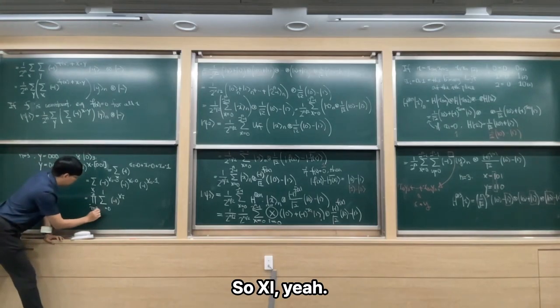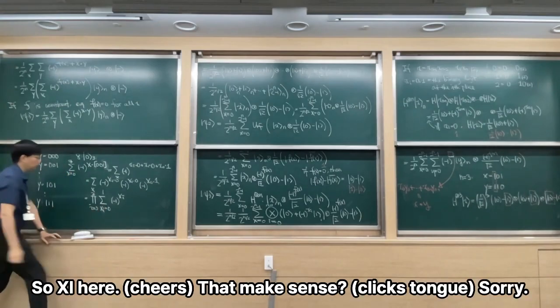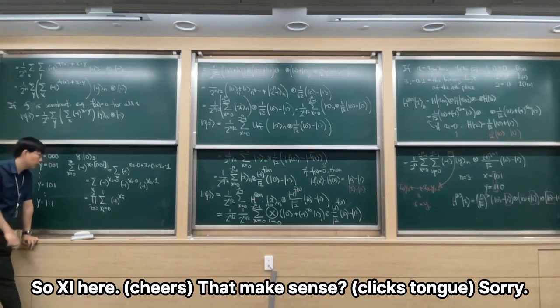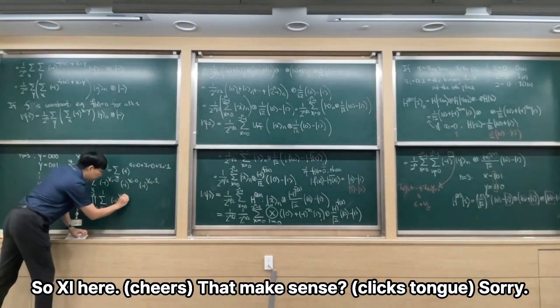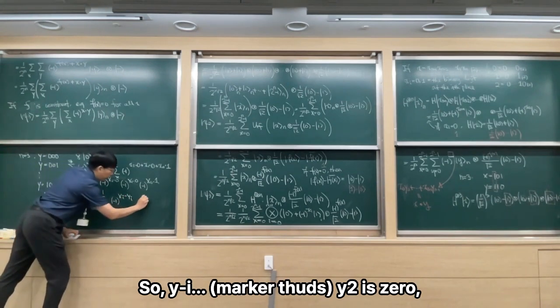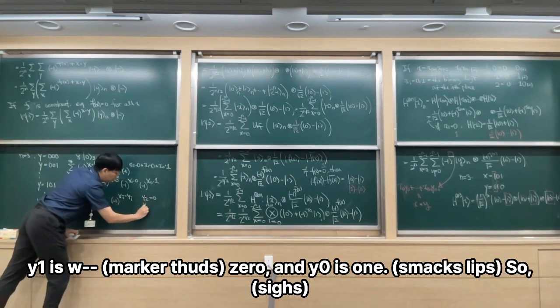Yes, sorry. So xi. Yeah, so xi here. Does that make sense? Sorry, so just put yi here. So y2 is 0, y1 is 0, and y0 is 1.